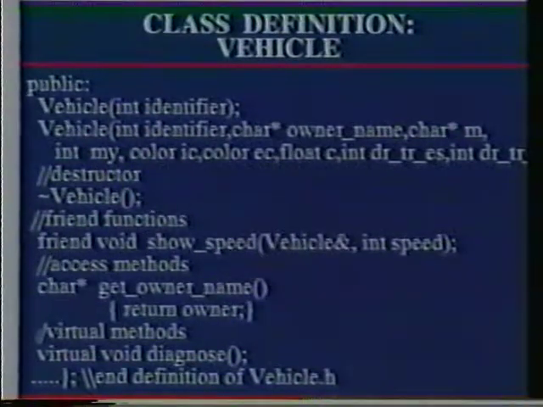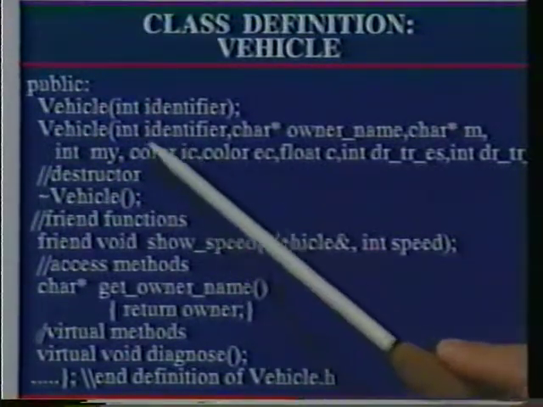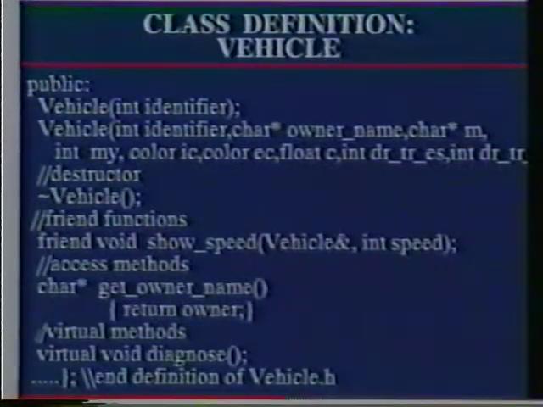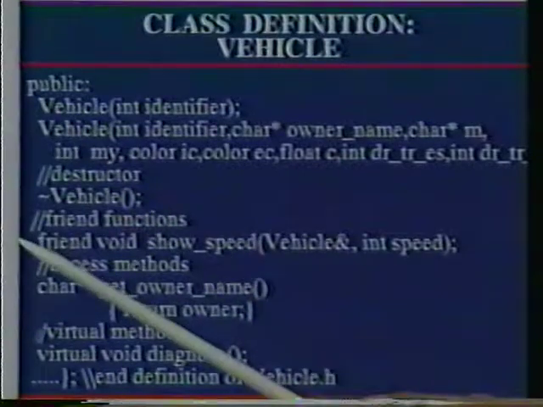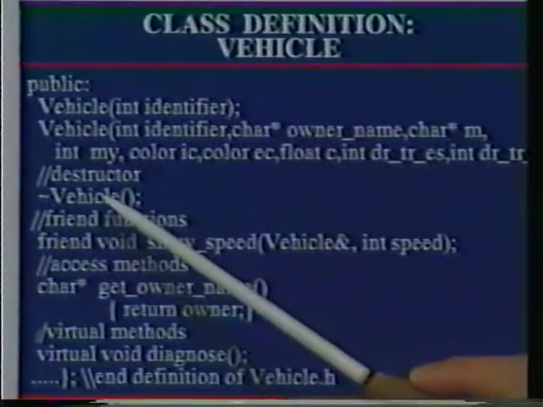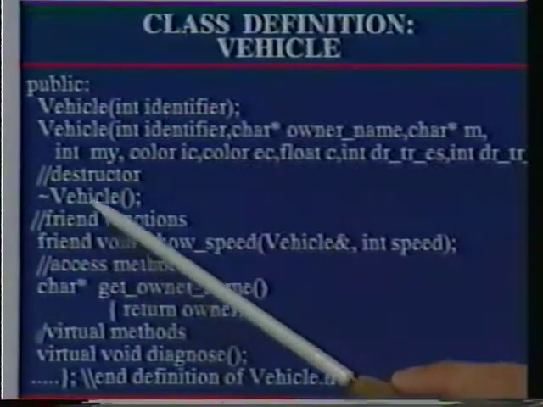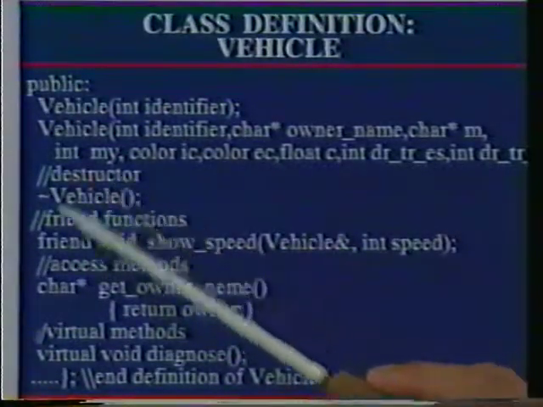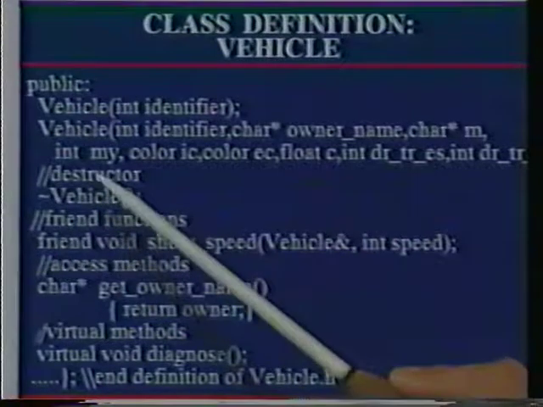Remember the overloading concept that we talked about: depending on the number of arguments, either this function or this function can get invoked, and these are called constructor functions. Similarly, when we destroy the object, there is a tilde sign in front of vehicle, and this function will get invoked.